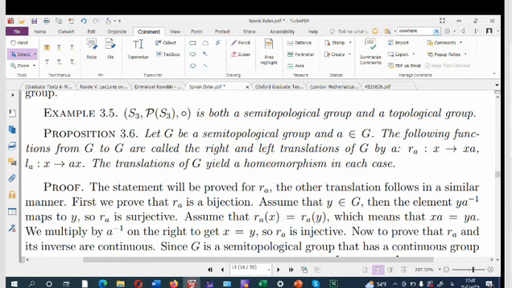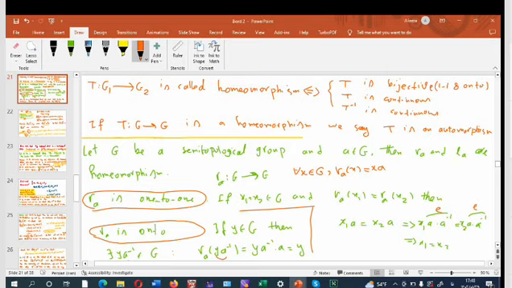We want to prove that these two functions are homeomorphisms, so we must check these three properties for this function from G to G.